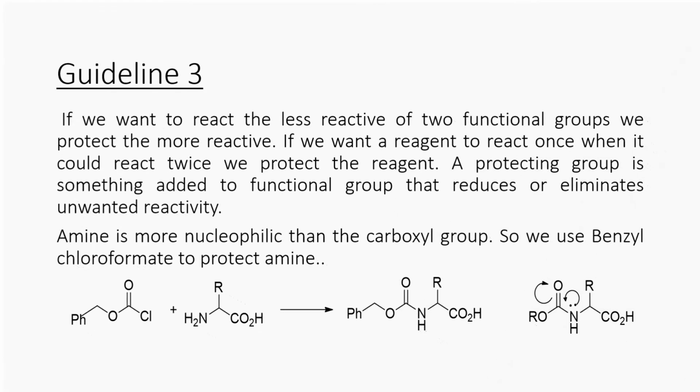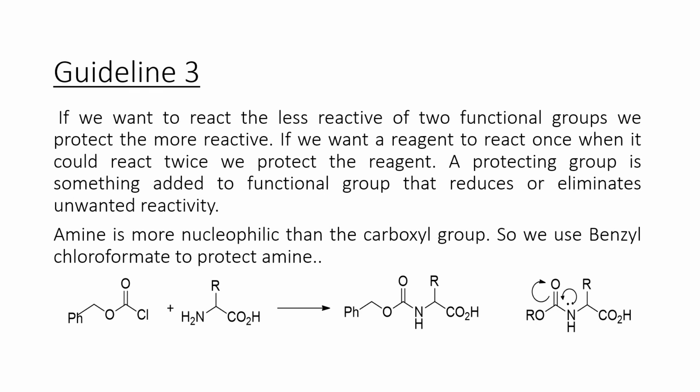Guideline 3. Here is the application of the previous acid chloride functional group. In the case of amino acids, if we need to react the carboxylic acid and not the NH2 group, then we have to protect the NH2 group by some suitable protecting group.